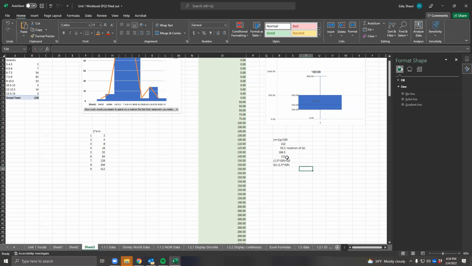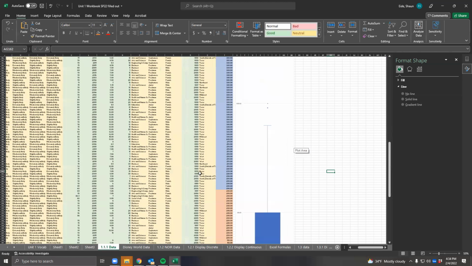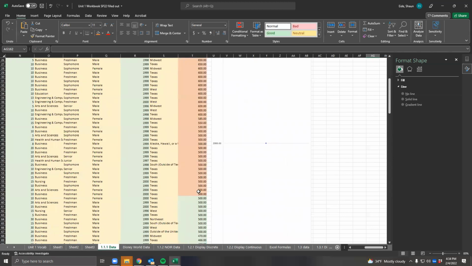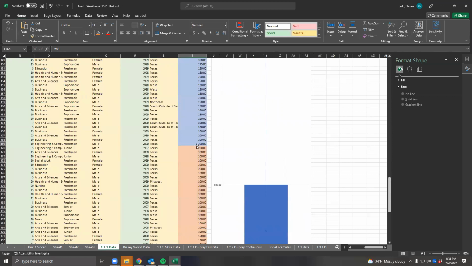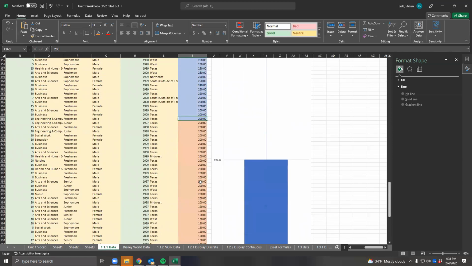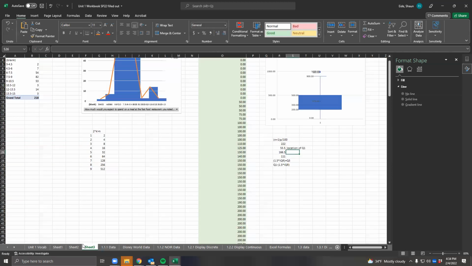The interquartile range is going to be the value of Q3 minus the value of Q1. So let's find the value of Q3. The value of Q3 is going to be 500. And the value of Q1 is going to be 200. So it's going to be 500 minus 200, so that's 300.